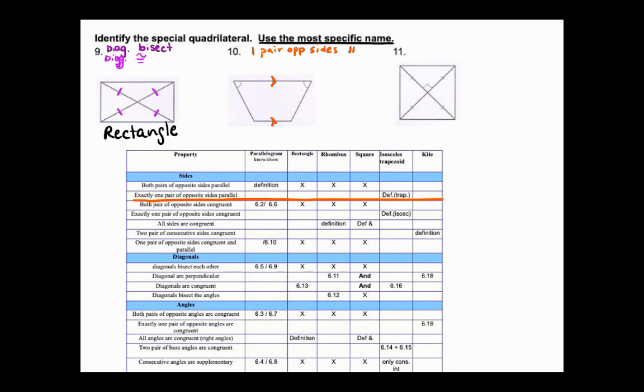And we also happen to have base angles congruent. So when we look, our parallel sides makes this a trapezoid, and our base angles congruent makes this isosceles. So this is an isosceles trapezoid.